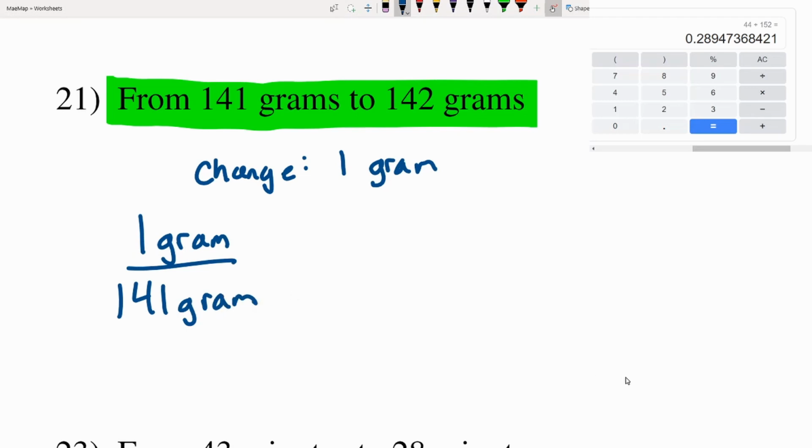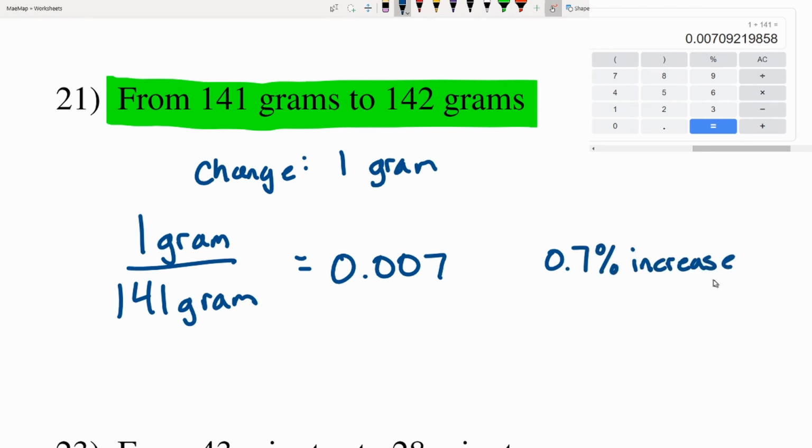So 1 divided by 141 is going to give us 0.007, which rounds to 0.7%. Because this decimal is 0.007, when I change that to a percent, I get 0.7%, and that was an increase.